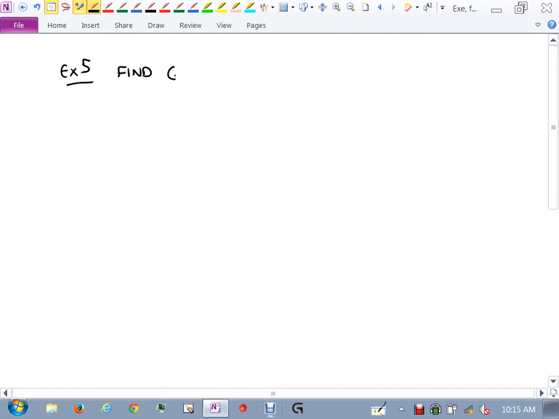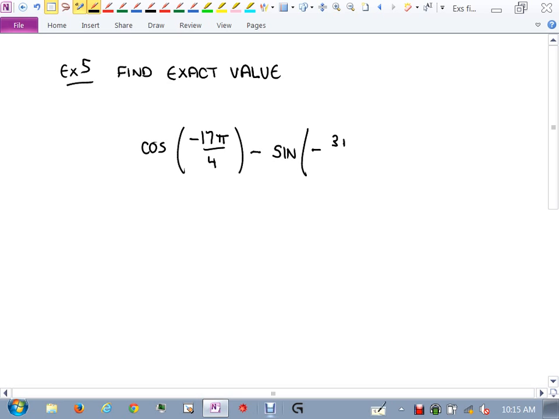Find the exact value of cosine of negative 17 pi over 4 minus sine of negative 3 pi over 2 plus secant of pi over 4.